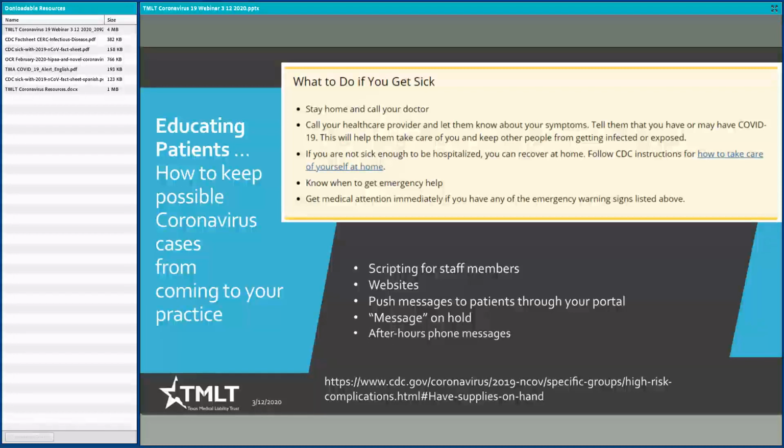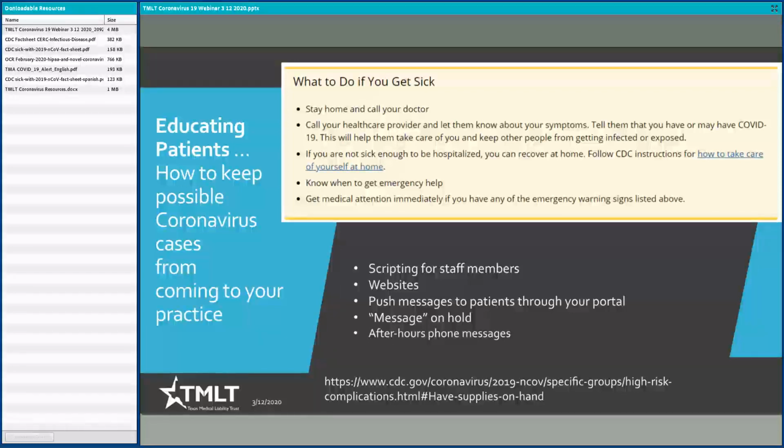But how you translate that to your practice is important as well. Maybe it's time to write out scripts for staff members so everyone from the person who answers the phone to your back office staff all have the same message and are giving the same consistent message.